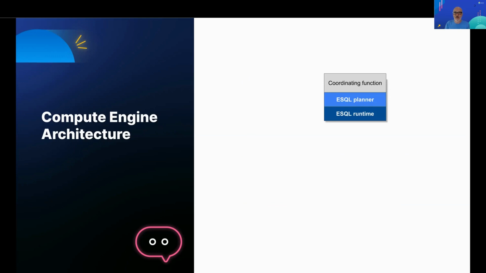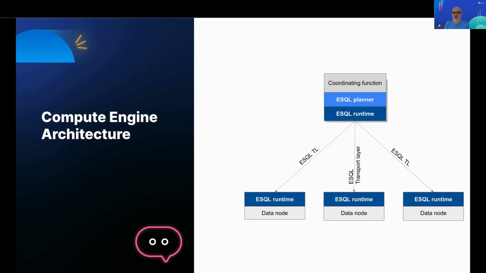Looking at the architecture, we have the coordinating function. Its role is to accept ESQL queries and parse them for correctness. Once parsed, an execution plan can be created and optimized. It's then passed to the runtime for execution. The execution phase then coordinates with the data nodes.